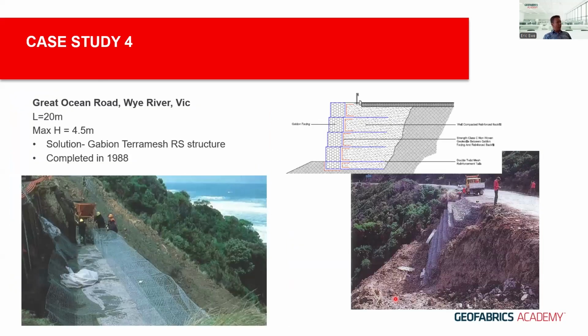Case number 4 is a rather small slip, 4 meters high, with a gabion Terramesh structure constructed in 1988 using the Terramesh panel as reinforcement and rockfill gabion face, at Great Ocean Road.